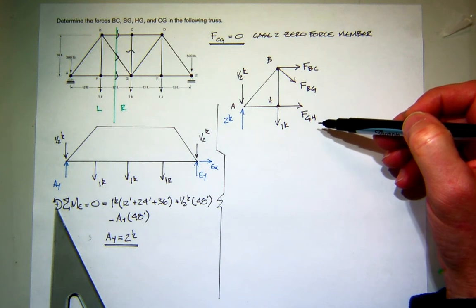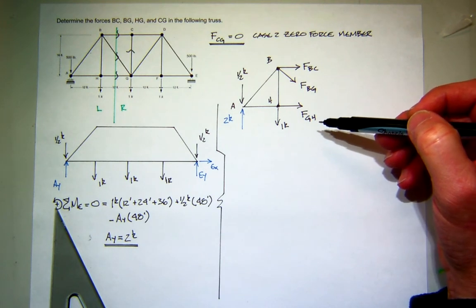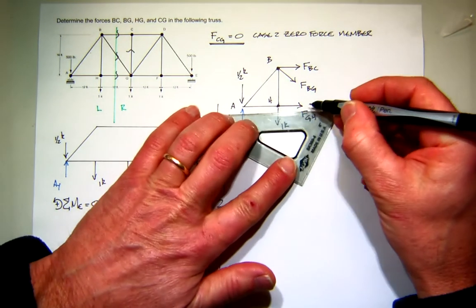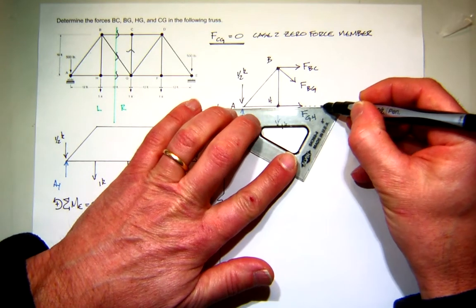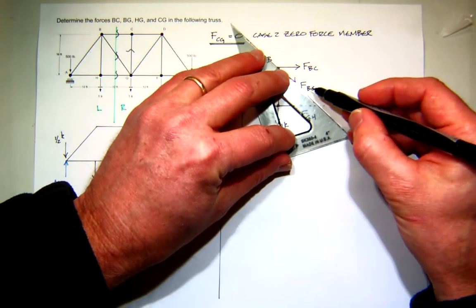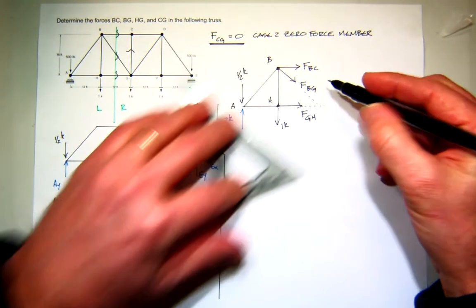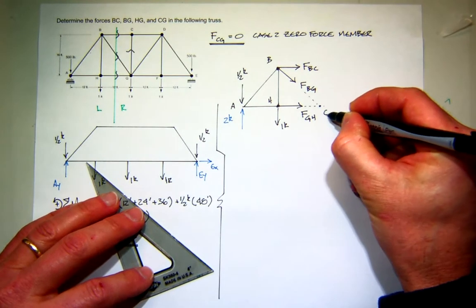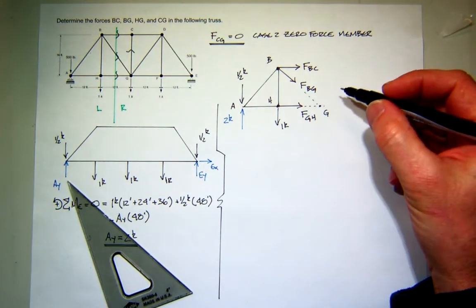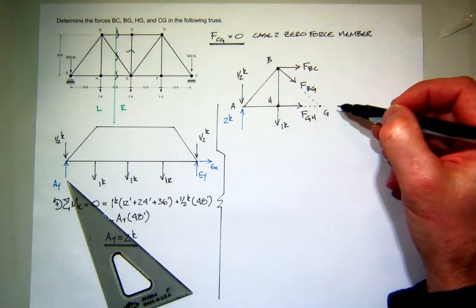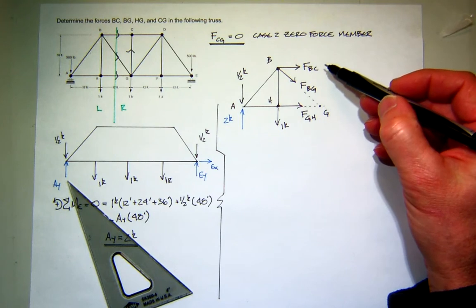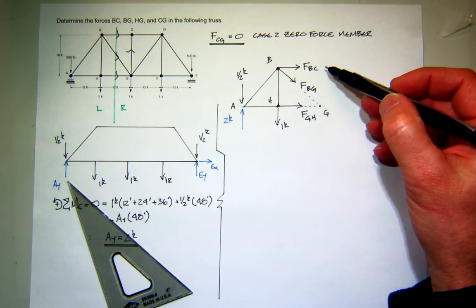Is there another point where 2 forces cross? G. So if I do extend the line of action of these forces, they do cross out here at some point G. That would be a great place too. So BG and GH pass through G, I can get BC.